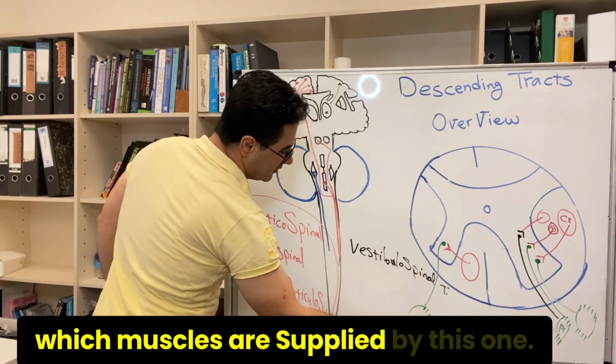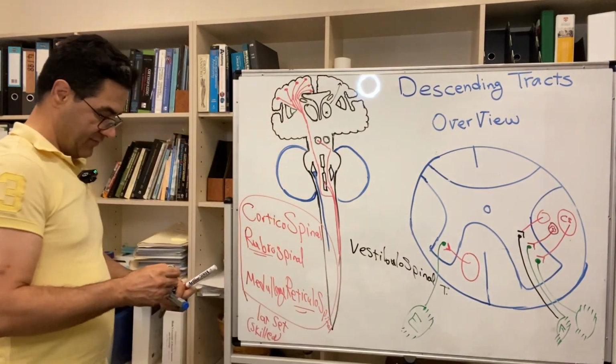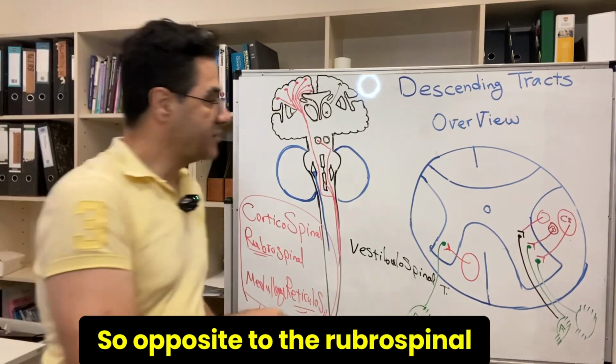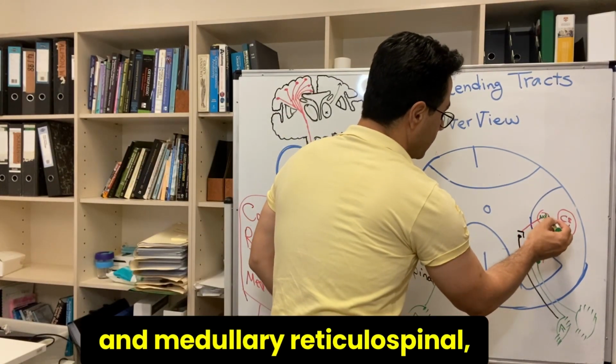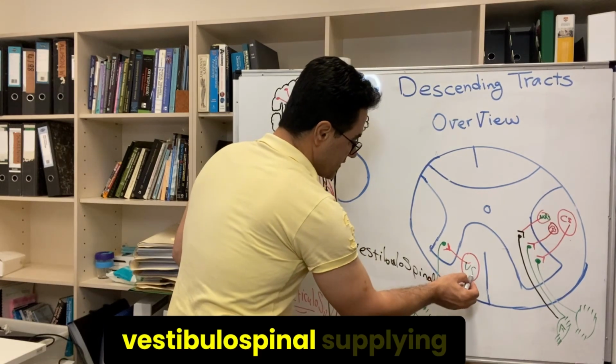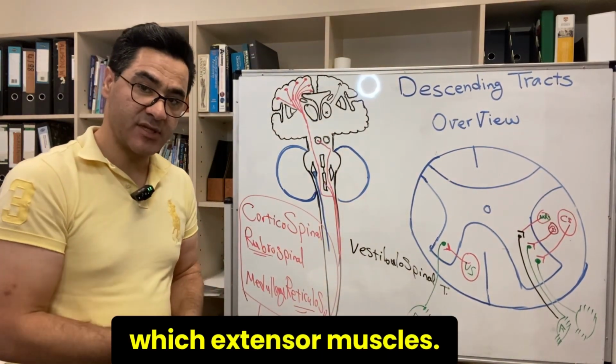Which muscles are supplied by this one? It's extensor muscles. So opposite to the rubrospinal and medullary reticulospinal, vestibulospinal supplies the extensor muscles. Which extensor muscles?